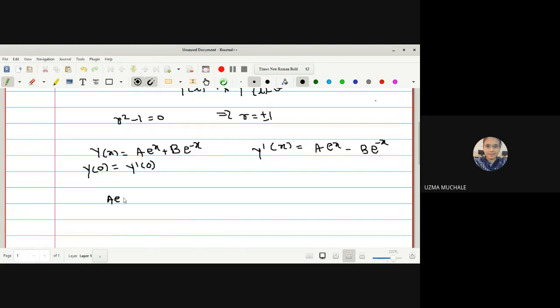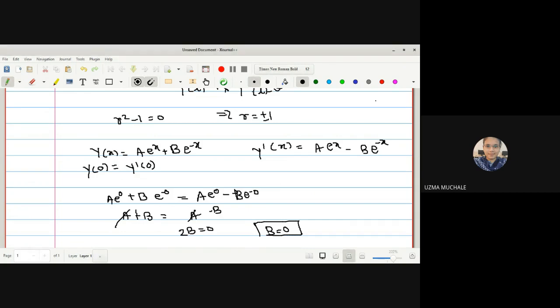So a e raised to 0 plus b e raised to minus 0 is equal to a e raised to 0 minus b e raised to minus 0, which means that a plus b is equal to a minus b, which implies 2 times b is equal to 0 since a will get cancelled, which implies b is equal to 0. So from one boundary condition we are getting the value of b as 0.